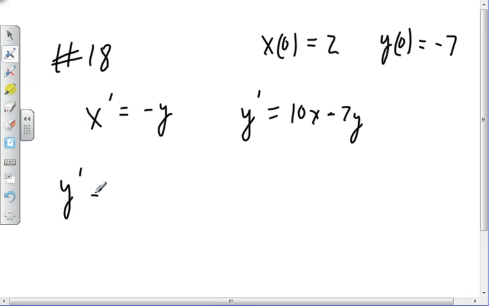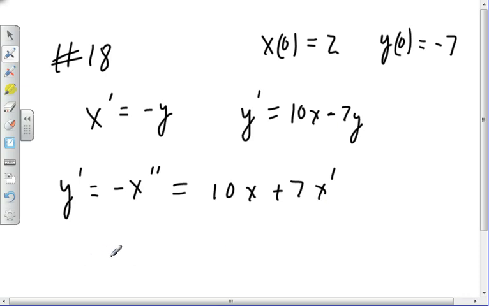Y prime is equal to minus x double prime, which is equal to 10x minus 7y, but y is equal to minus x prime, so that makes it plus 7x prime.